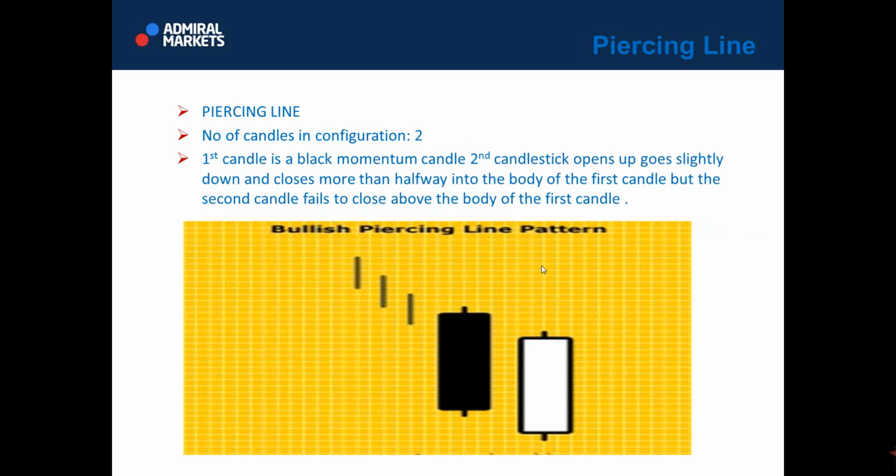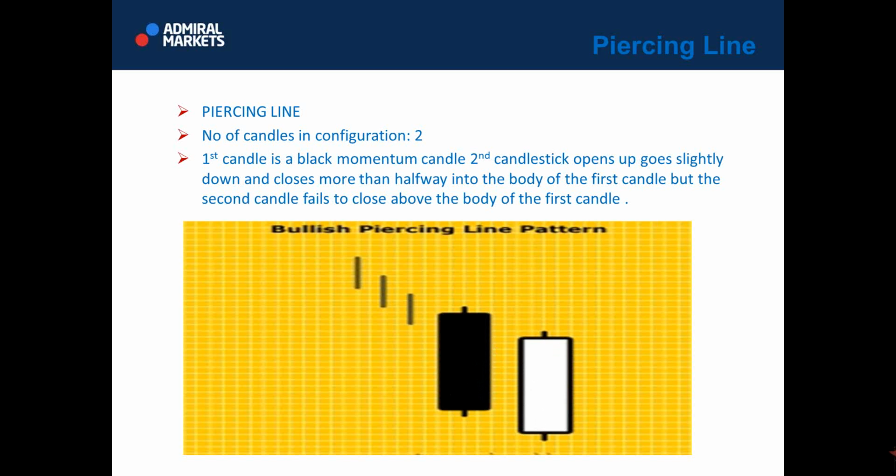Next candle which you should pay attention to in this kind of strategy is the piercing line. There is a two candle configuration in the piercing line. The first candle is a black momentum candle, while the second candle opens up, goes slightly down, and closes more than halfway into the body of the first candle, but the second candle fails to close above the body of the first candle. So the most important thing is that this second candle will go a little below the first candle, and it will close just a little above the midpoint of this candle.